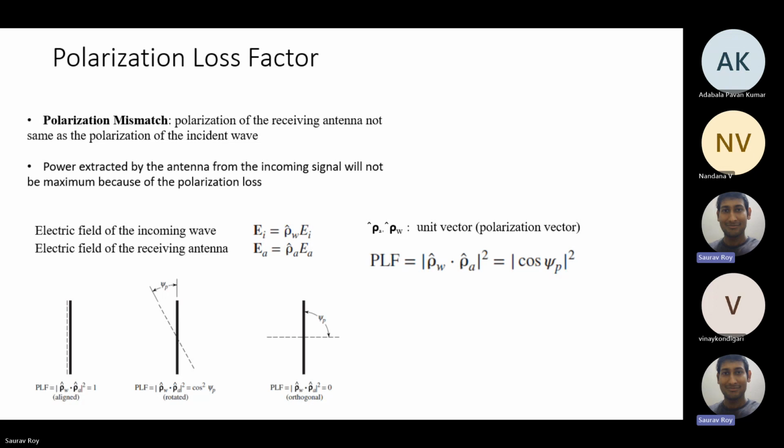From that, it will cause some kind of polarization mismatch. If they are both aligned, then the polarization loss factor will be 1. And in the rightmost picture you see both are perpendicular. There the polarization loss factor is 0. That means there will be complete mismatch, so no wave will actually be received on the other side from the transmitting antenna.